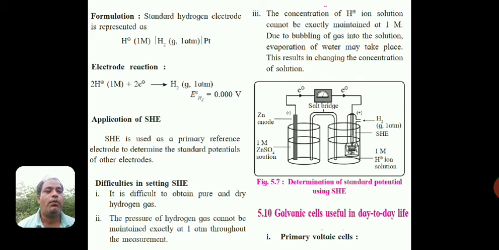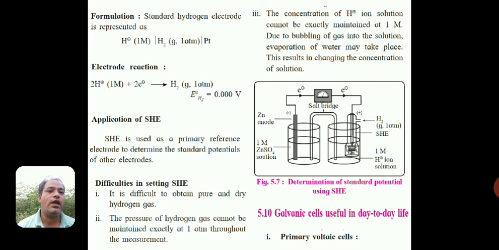That means when we calculate the cell potential by applying the Nernst equation, whatever value we get will be the electrode potential of Zn. In this way we can find out the electrode potential of other elements by using the standard hydrogen electrode.